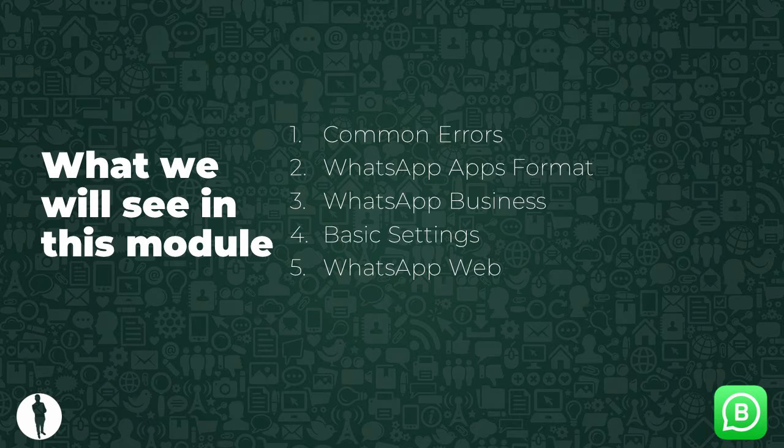And of course, we will talk a little bit about some resources about WhatsApp Web, about the new application that WhatsApp also has for the desktop version, for your notebook, that also has some very interesting functions, very similar to WhatsApp Web, but it has some solutions that we will also explore during the training.